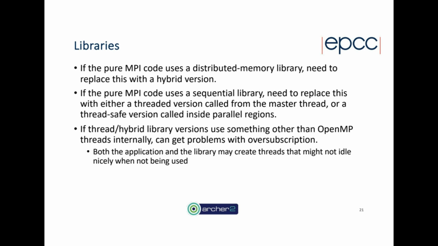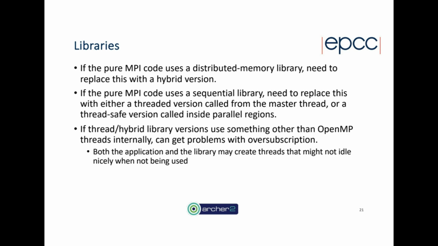Libraries can be a problem. Okay, if your code relies heavily on libraries in performance critical parts of the code, then you might be in trouble. Because if the pure MPI code uses a distributed memory library, then you would need to replace that with a hybrid version, which may or may not exist.